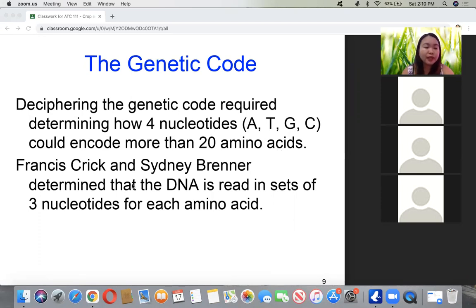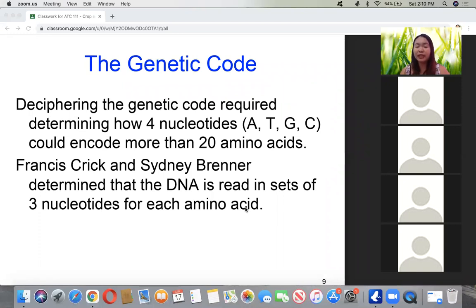And Francis Crick and Sidney Brenner determined that the DNA is read in sets of 3 nucleotides for each amino acid. So for one amino acid, you have glutamine, from which glutathione is derived, is one of the essential amino acids.